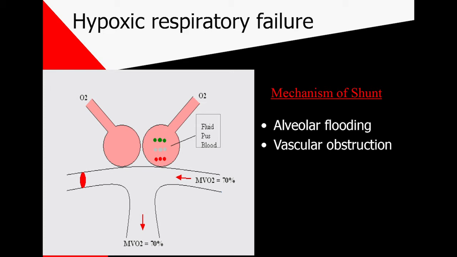The mixed venous blood can bypass the alveolus if there are three things in the alveolus: fluid, blood, and pus. Okay? Give me an example of pus. Pneumonia. Fluid? Pleural effusion.